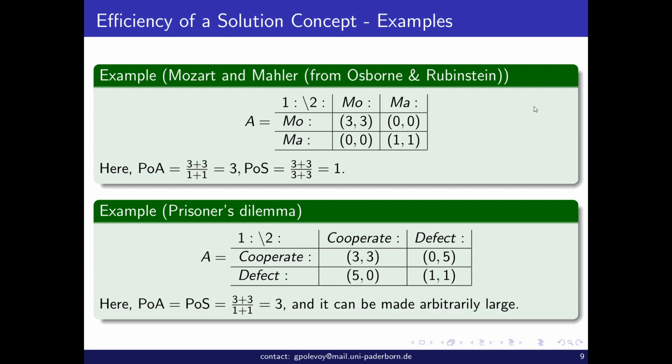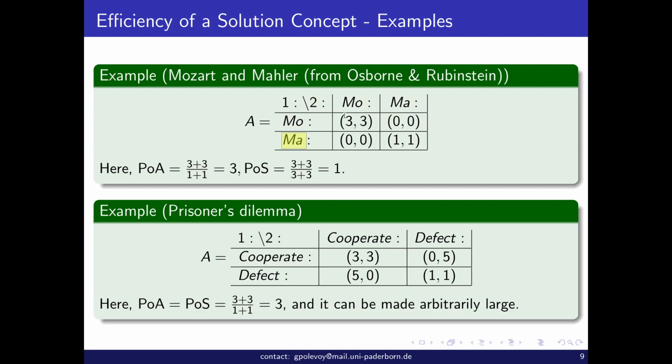And that's the game Mozart and Mahler. They look at a couple of friends, a husband and wife, who go to a concert. They have two options: to go to Mozart's concert or to go to Mahler's concert.